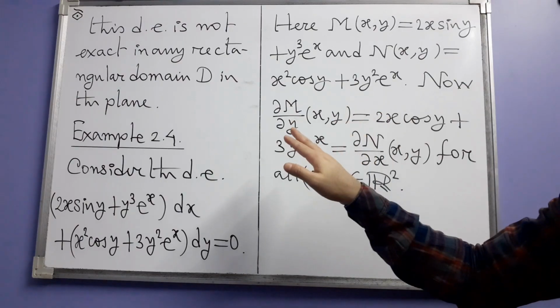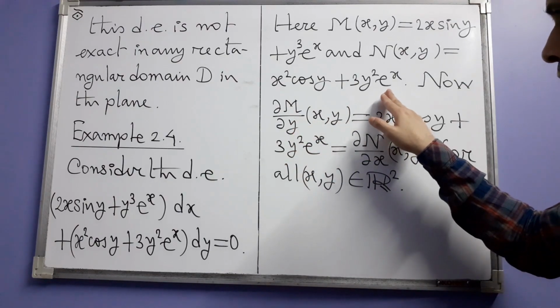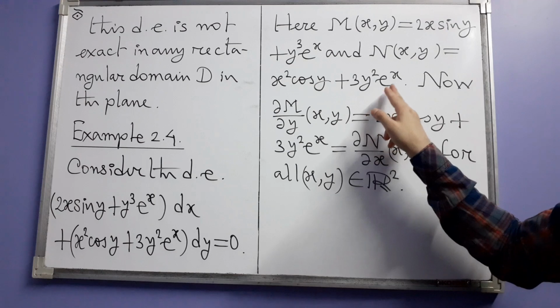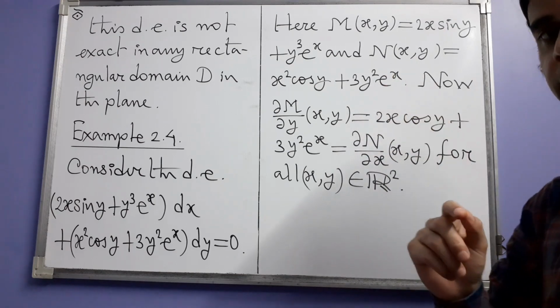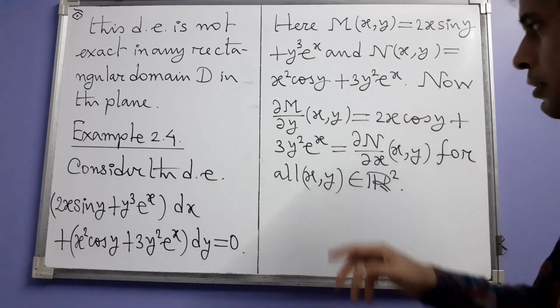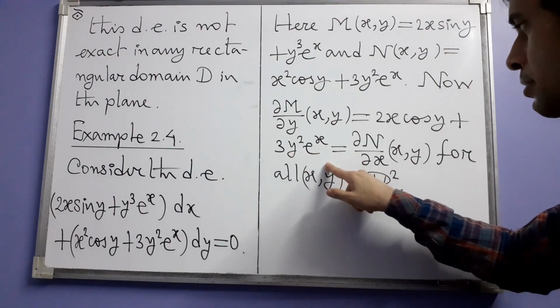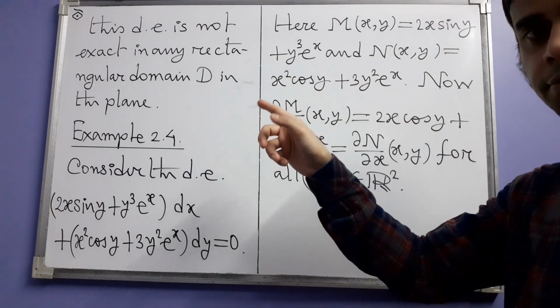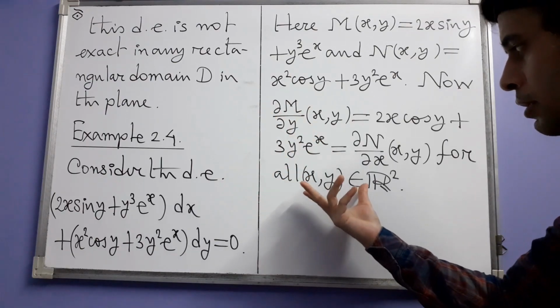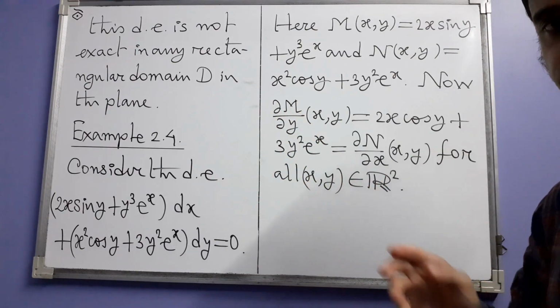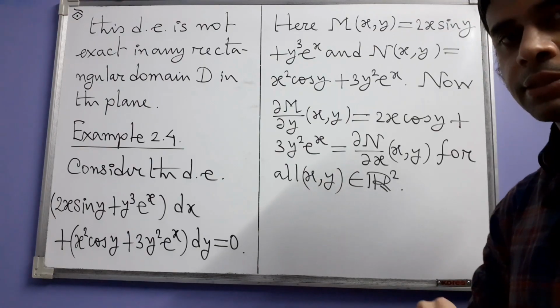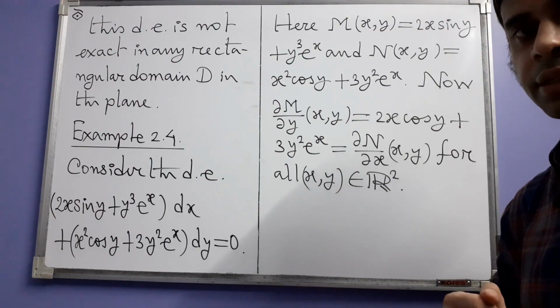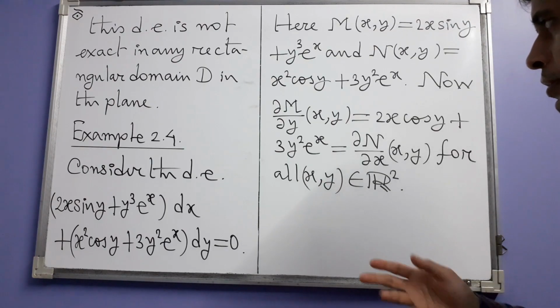Y is considered constant and we are differentiating partially with respect to x. The exponential function when differentiated doesn't change. So that way you get this. And this also happens just like the first differential equation of the previous example throughout the plane. So this equation will also be exact in any rectangular domain in the plane. So let's continue.